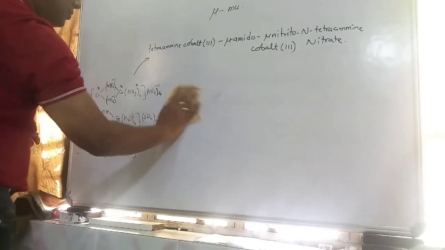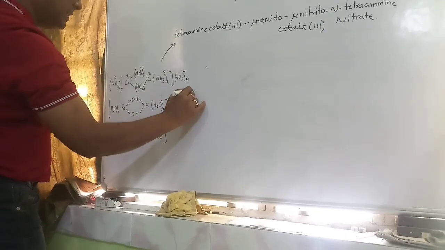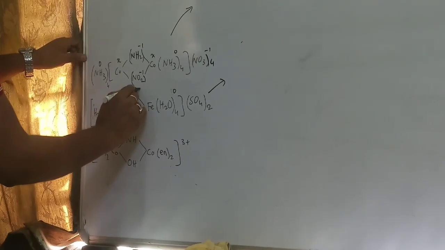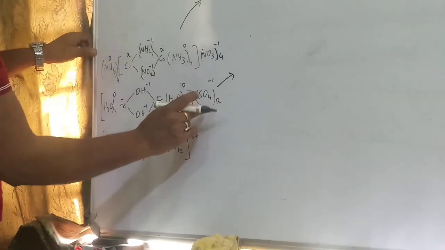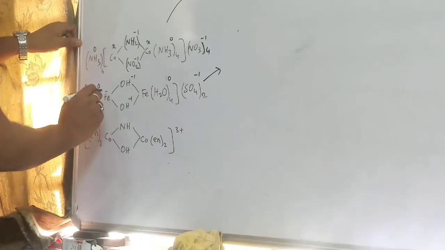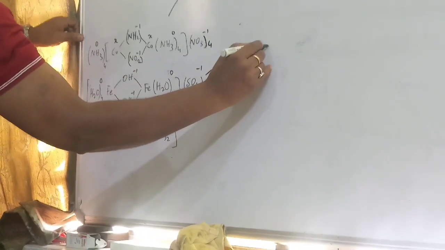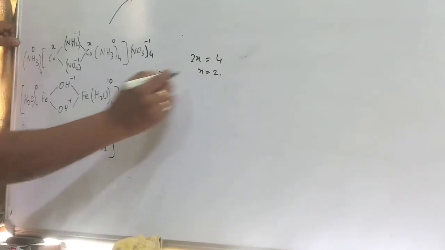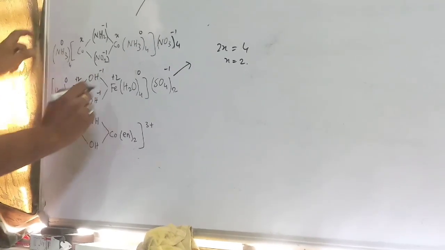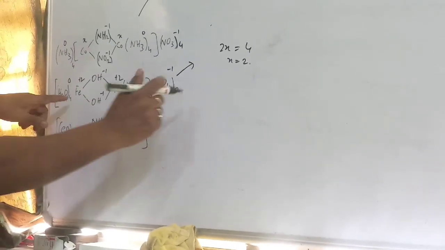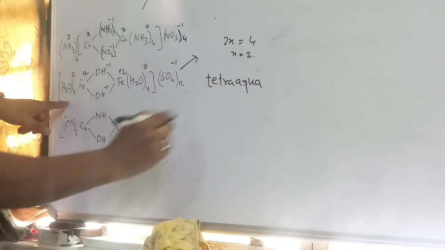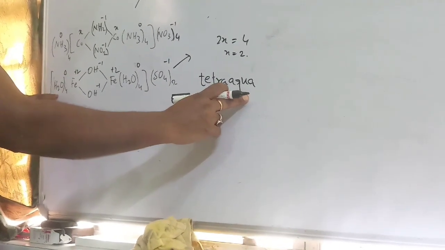Similarly, if we go for the next one, let us calculate. Water is 0, water is 0, this is -1, -1, this is -1. So -2, -1 is -4, this is x and x. So 2x equals 4 and x equals 2. Iron here is +2. We write tetra aqua, T-E-T-R-A, because water we call aqua.